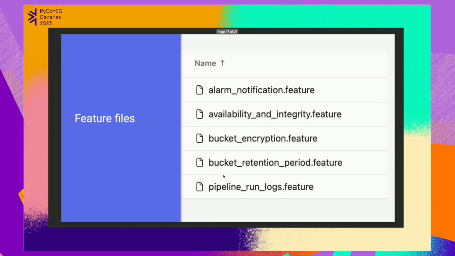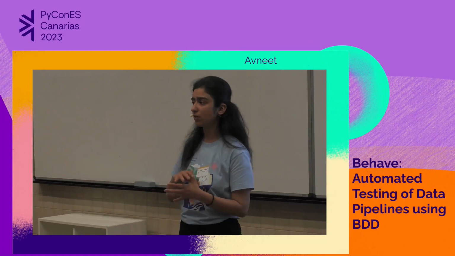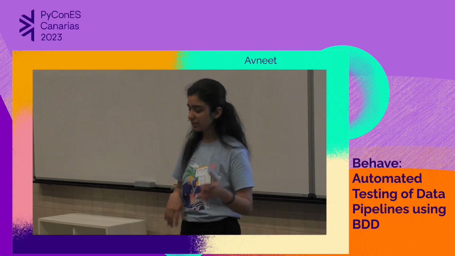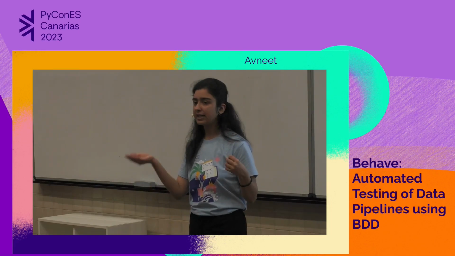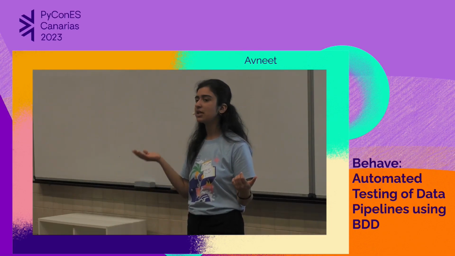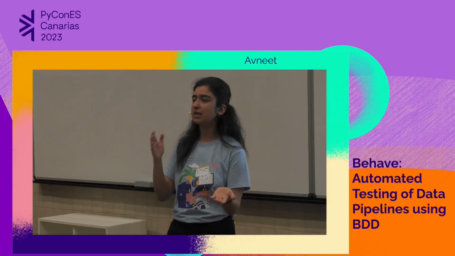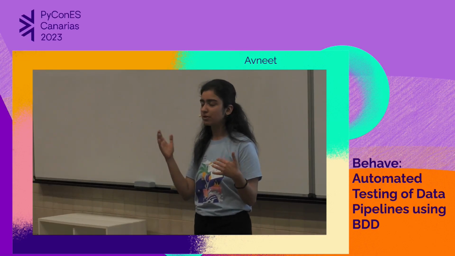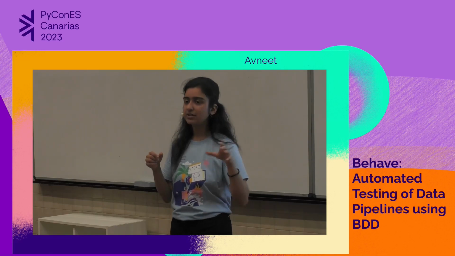And then we have something called the availability and integrity feature. In this one, we want to ensure that our data is available and maintains its integrity throughout the process of the pipeline. This means that while it is going through all of these Lambda functions, the content of the data that we are passing through doesn't change at all, which means that the number of rows, the number of columns, and the type of each of the entries don't change.